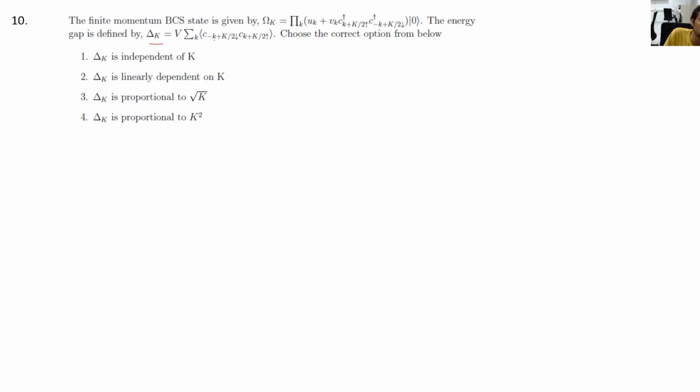So the energy gap delta K is given. Delta K is given as V, and sum over all the momentum states, and we have to take the average of this quantity, c minus k plus capital K by 2 down, c k plus capital K by 2 up, and we have to take the average of these operators with which state?